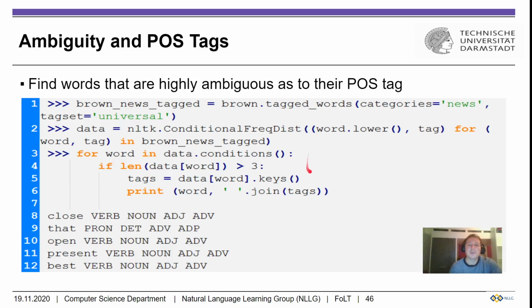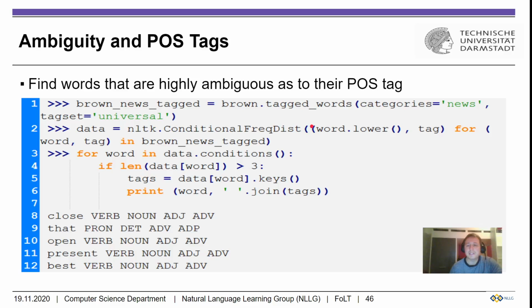For this, we go to our Brown corpus. We're going to take the category news, and we're going to use the universal tag set. We then go through all word tag pairs in the Brown news tagged corpus. We're going to lowercase the word so that our investigation is case insensitive.